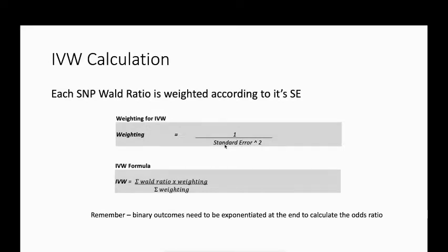If the standard error is large, 1 over a large number would be very, very small, so that value will be given very little weight. And if the standard error is very small, that's going to be a large weighting associated with that Wald ratio. That's how we are scaling the values according to the standard error.